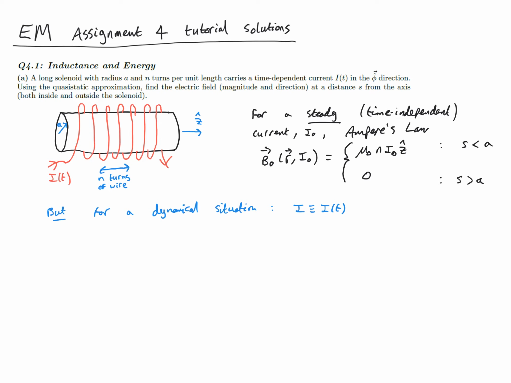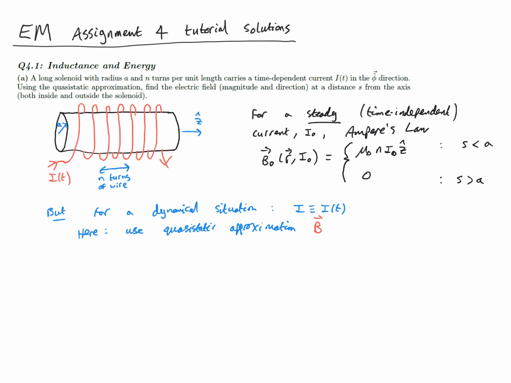Therefore, in principle, you would have to solve the full Maxwell's equations. But we're told in the question that here we can resort to the quasi-static approximation. And the quasi-static approximation in this context can be stated extremely simply.